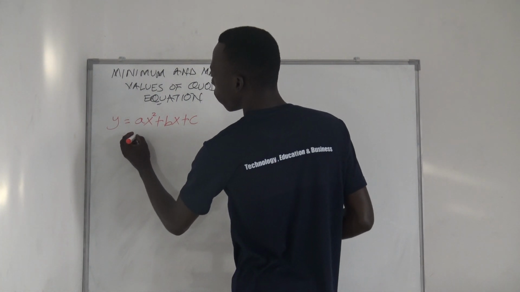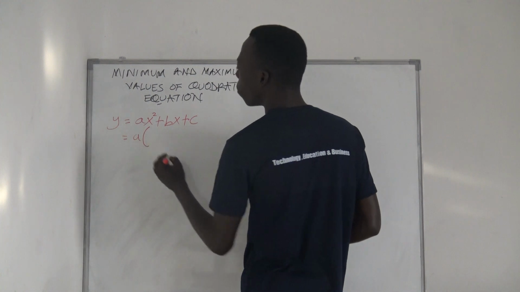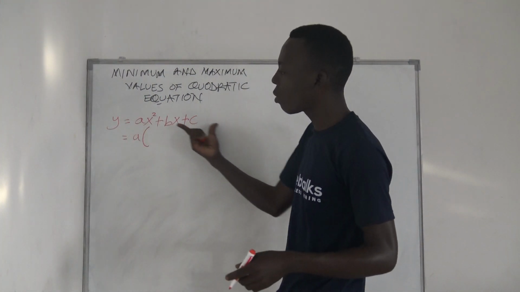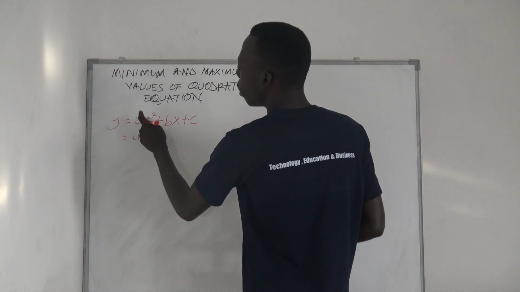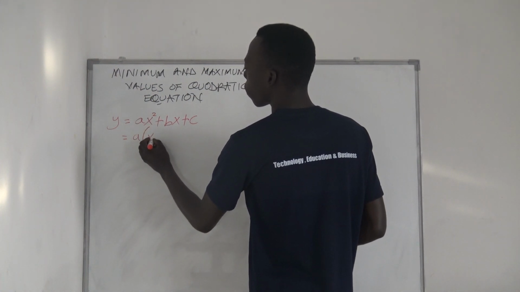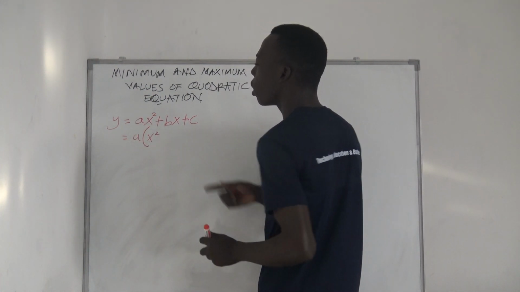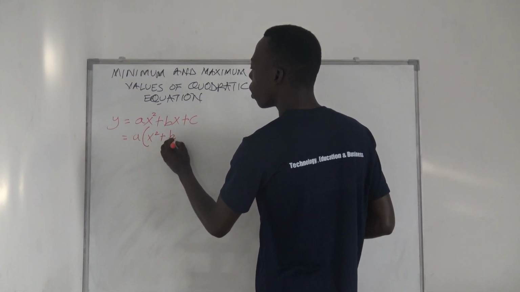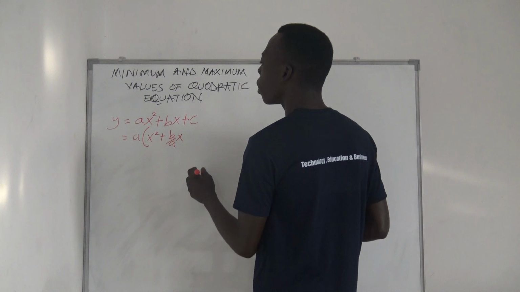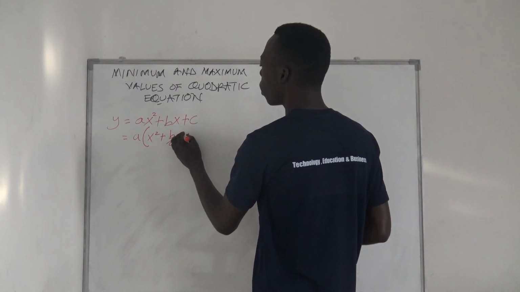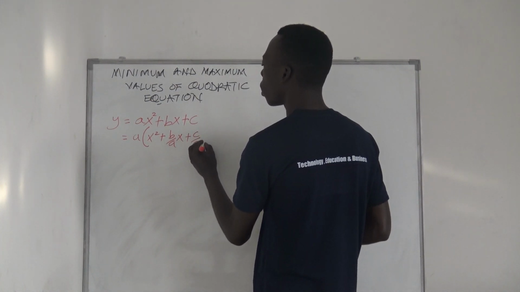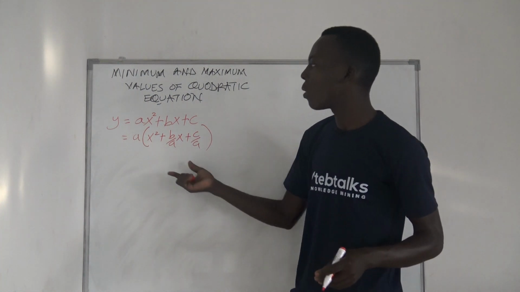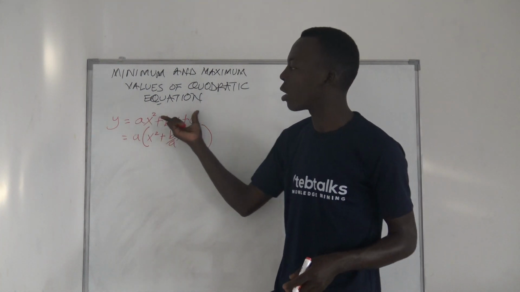It is a into bracket. We shall remain with only x squared, then plus b out of a, x, then plus c out of a. When you multiply this inside, you find it remains with something like that.